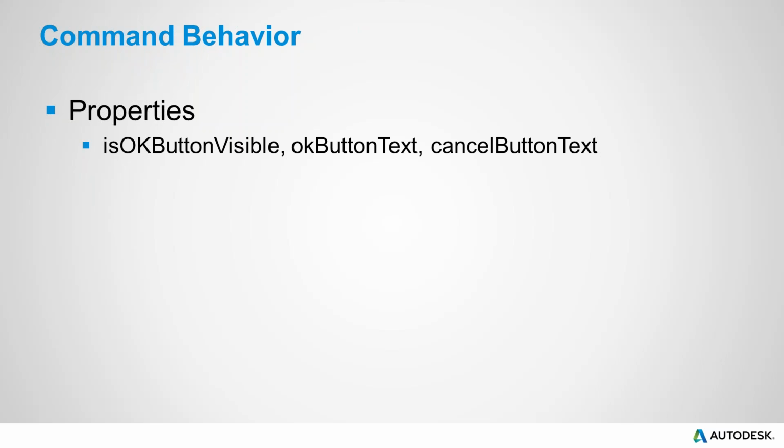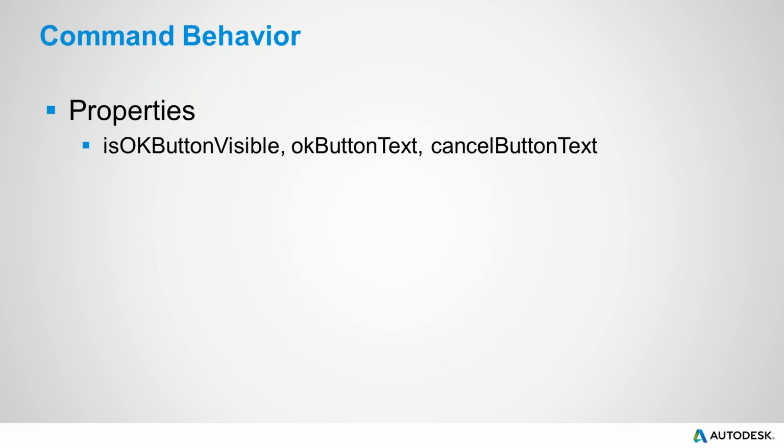Here are some things you have control over for the dialog itself. You can say if the OK button is visible or not, and you can override the default text that would show up for the OK button. So if you wanted to change it to be yes instead of OK, and the cancel button text, you can change that too.